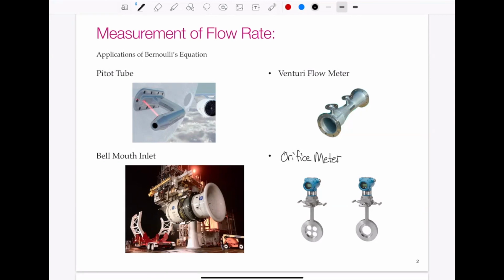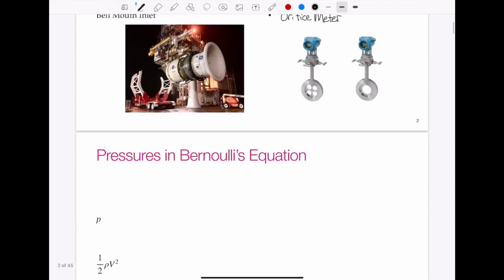And then the fourth kind is called an orifice meter. If this is introduced into a flow and you know information about the flow behavior through this type of device, you can measure the pressure before and after the orifice meter, and you know what the losses are going to be. You can calculate the fluid flow characteristics that must correspond to those losses. So those are four basic devices.